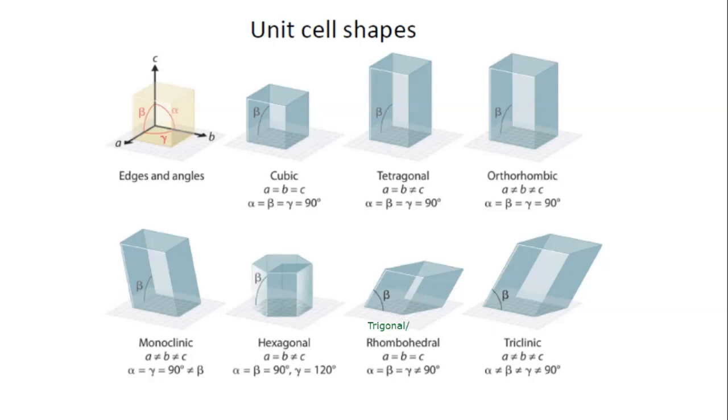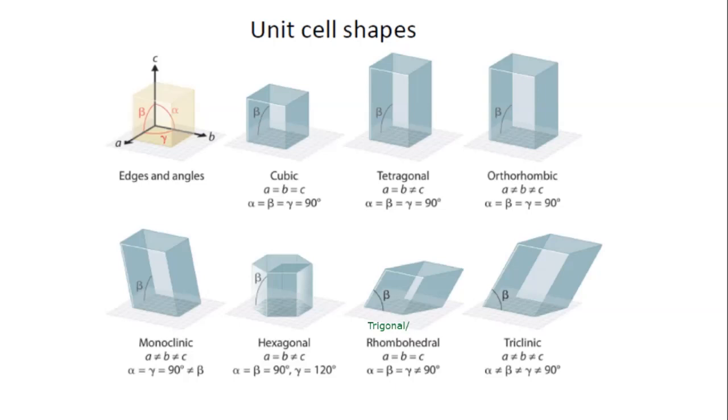And by the way, rhombohedral is the only crystal system that has R centering, so you can't get it confused with anything else. It's a very unique crystal system.